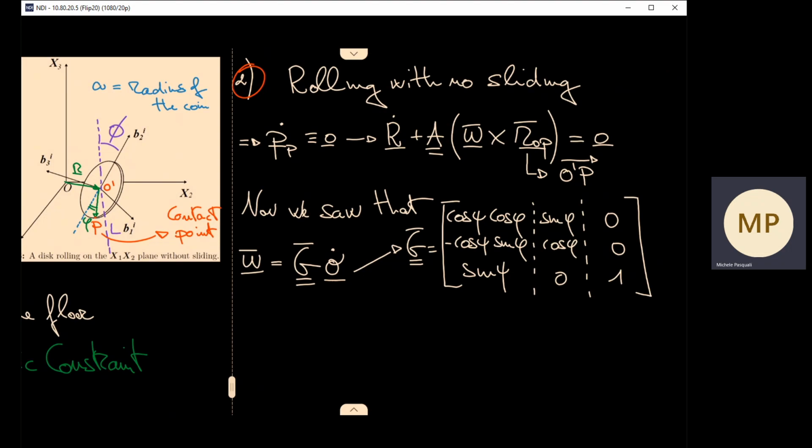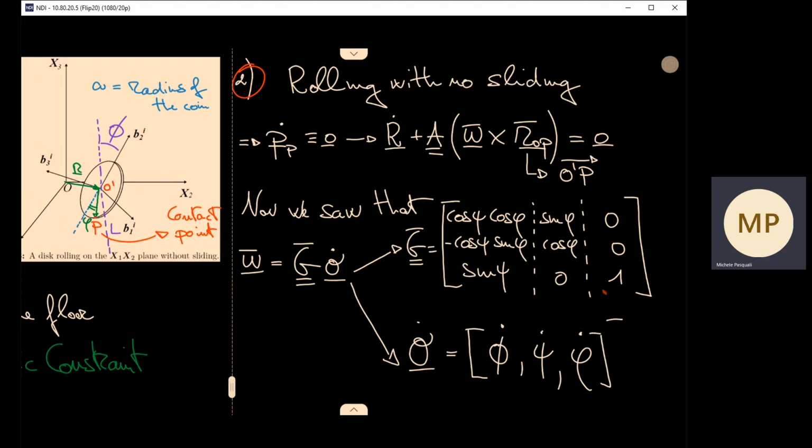And if you remember, at the very start of this exercise, we said that the three Euler angles that we were about to use referred to three successive rotations about B1, B2, and B3. That's why here we have this form with 1 at the end. And in this definition, theta dot is nothing but the vector of the Euler parameters derived with respect to time.